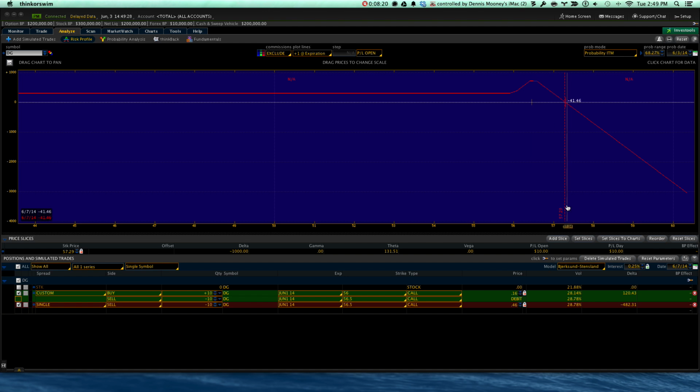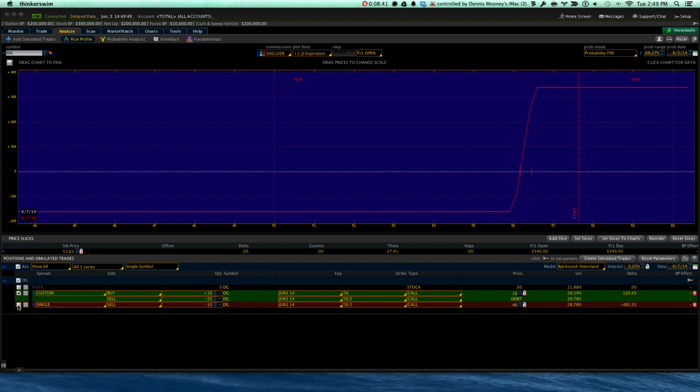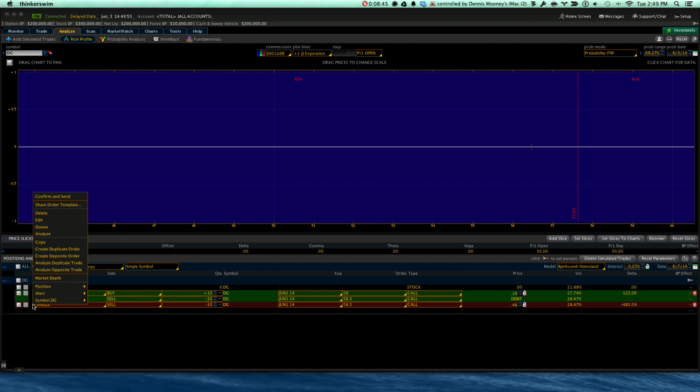Right now it's 57.29 in this example. Take that off. This trade will have a loss of $326. And of course, if the price goes further higher by Friday, then your loss increases. So what you do is you close your bull call spread for a profit, and you roll the loser.